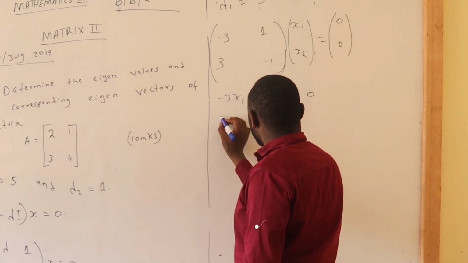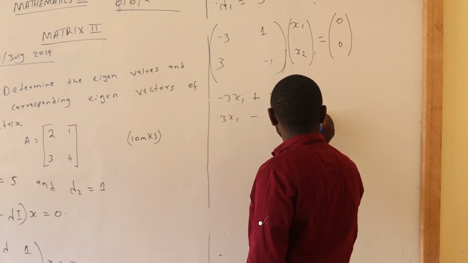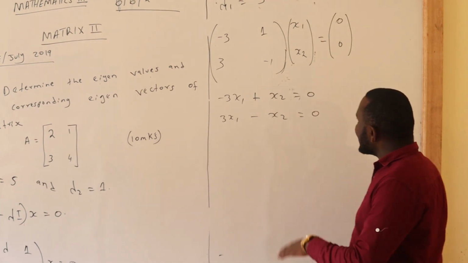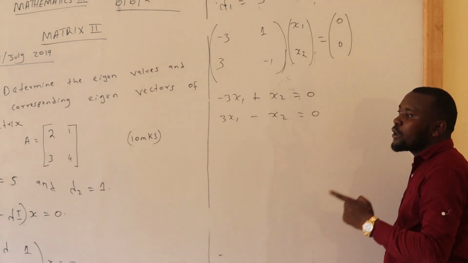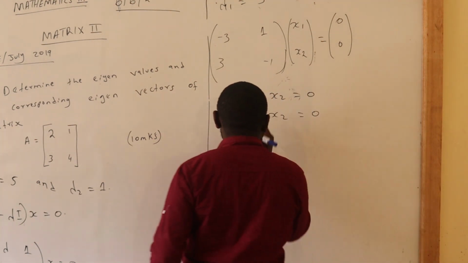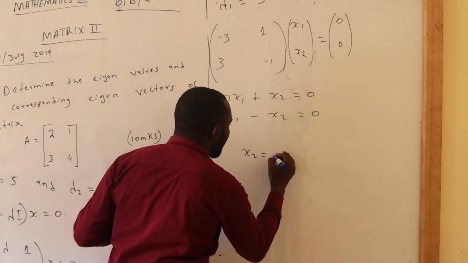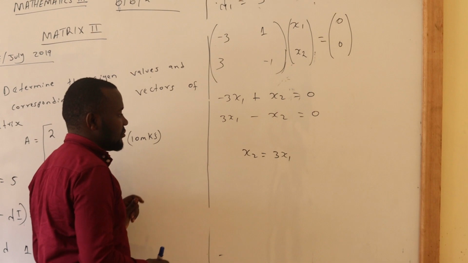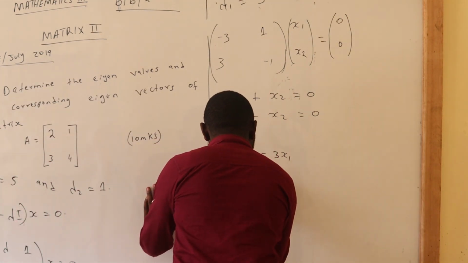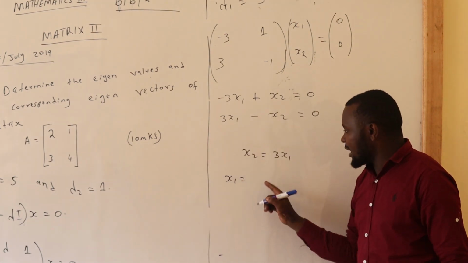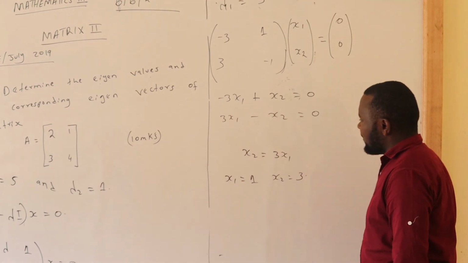Another one we have 3x1 minus x2 is equal to 0. So let's use any of these equations to get x1 and x2. Therefore, let's say equation 1: x2 is equal to 3x1. So that means my x1 is equal to 1 and my x2 is equal to 3.